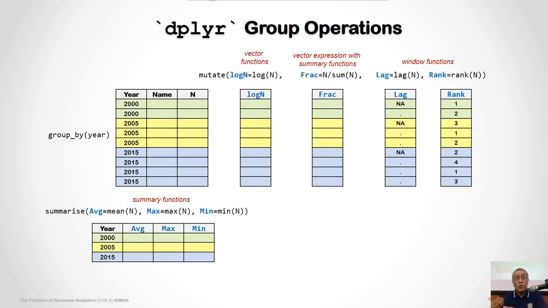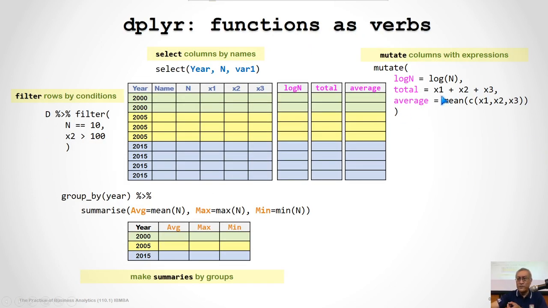Now, why do you want to do mutate group by group? Well, in the beginning, it would sound strange, right? For example, if I want to do total equal to x1 plus x2 plus x3, I don't need to do it group by group. If I do it group by group, the result would be exactly the same as doing it on the entire data frame.